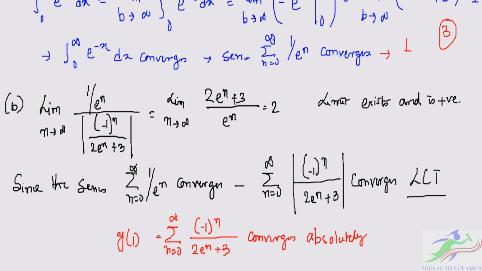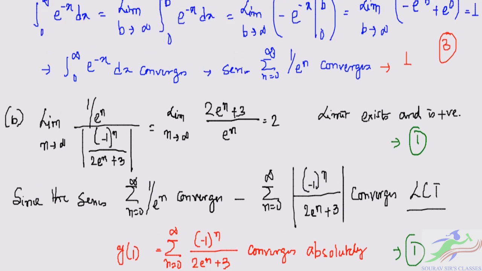Okay, we have shown it. For the first step, we have to set up the limit comparison, so this will fetch 1 point. The explanation part over here will fetch 1 point. So total 2 points for part B.